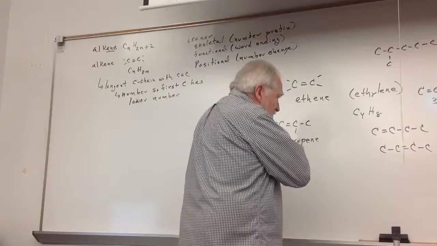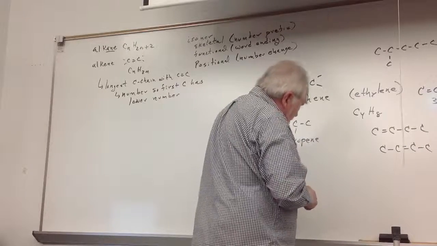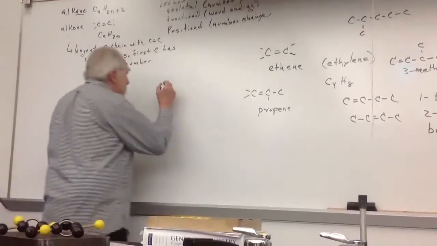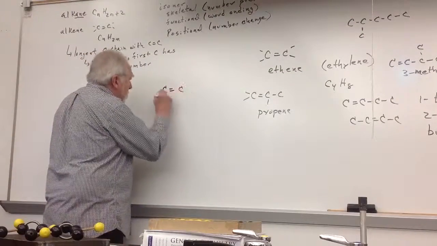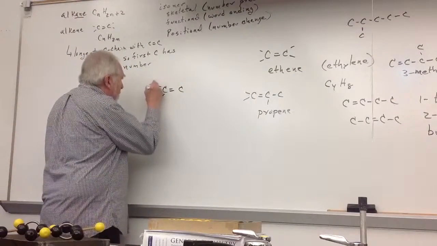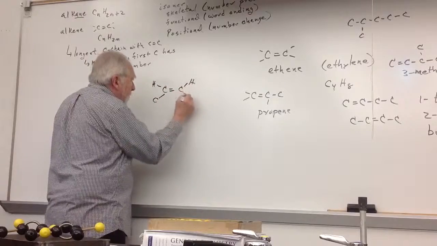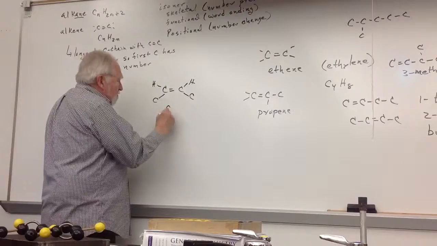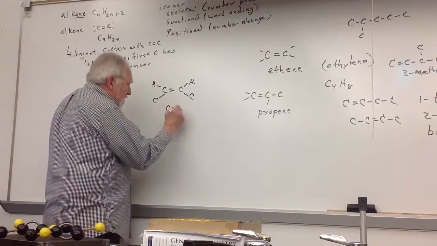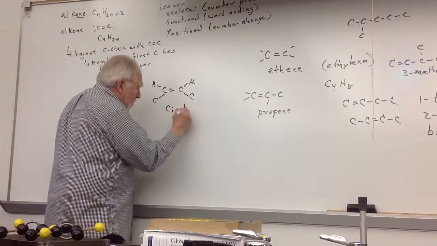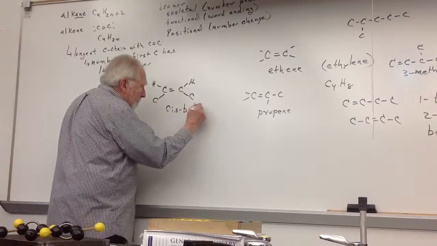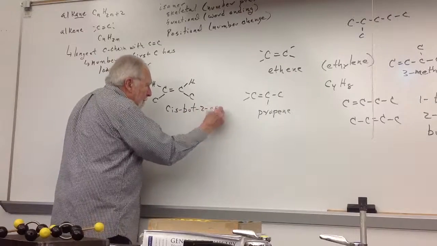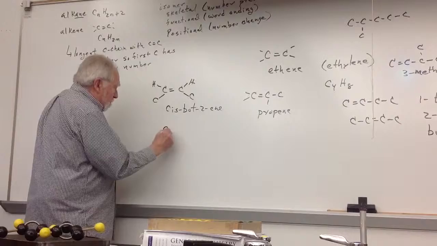Now we've introduced a new type of isomerism that depends on having a double bond. And it doesn't matter whether you look at the carbons or the hydrogens, this would be cis. And this one here.